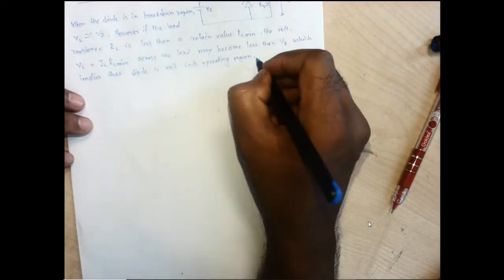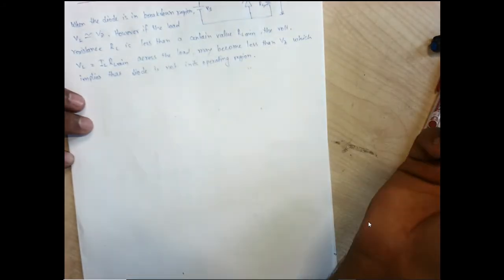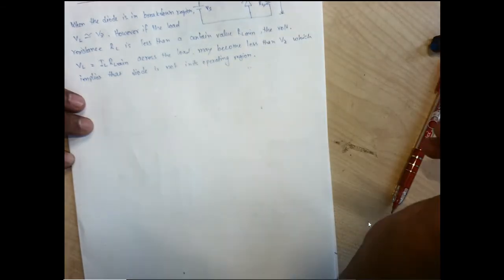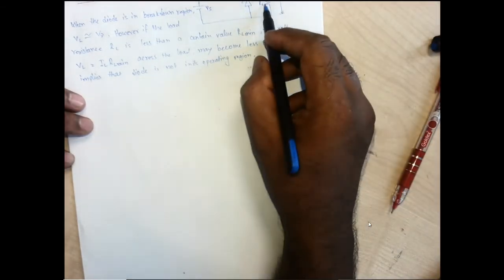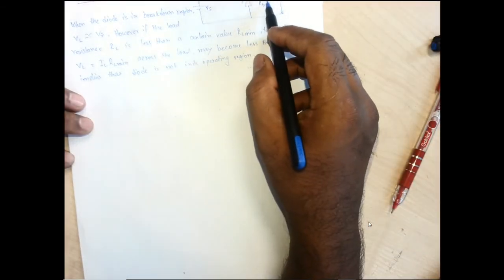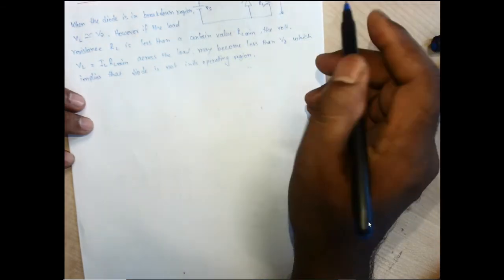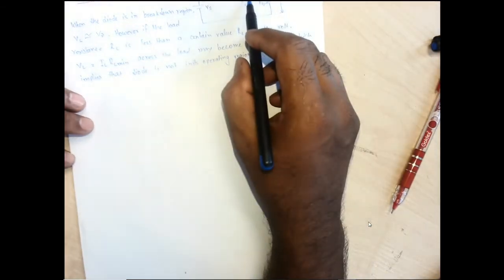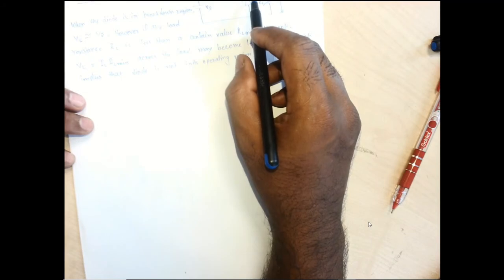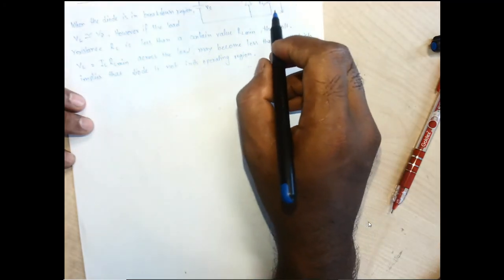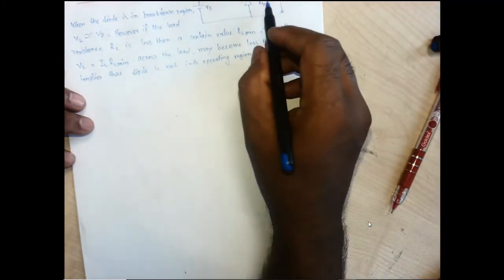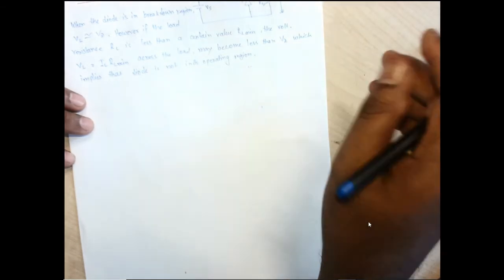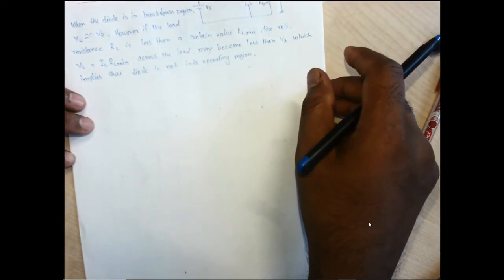Now for example, let us consider this RL is 0. For a certain case, if RL is 0, which is short circuited, obviously VL is 0. So for that case, the Zener diode will never be in the breakdown region, because this VL is not at all putting this Zener diode into the breakdown region.